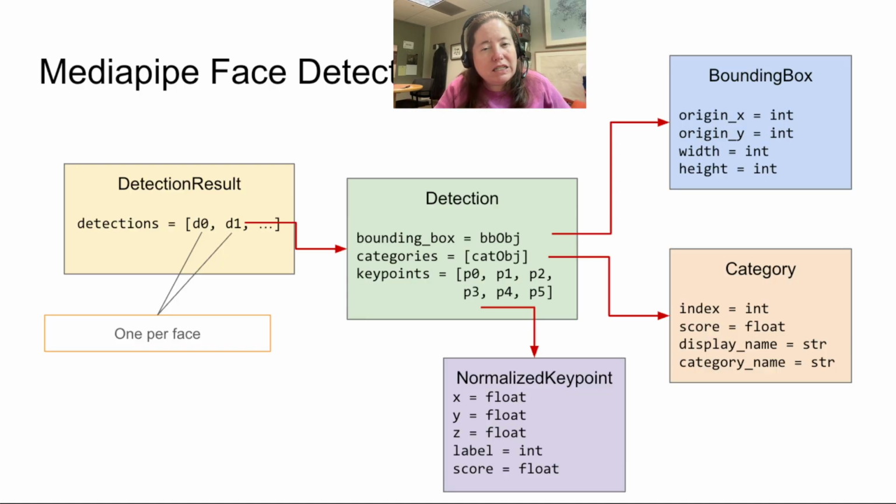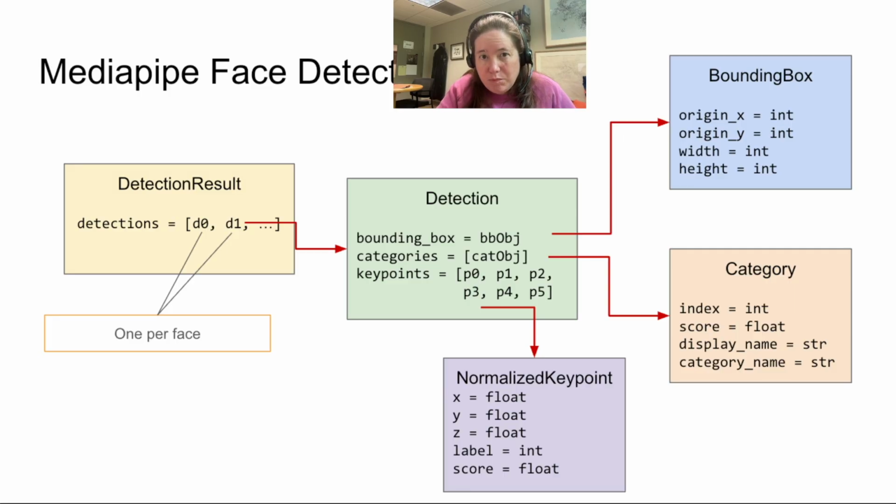How confident is it that it has actually detected a face? It's useful to look at that in case there might be marginal faces that it's not quite sure it has detected correctly. So for categories, there will be one entry inside this, which is just the information about this particular face.